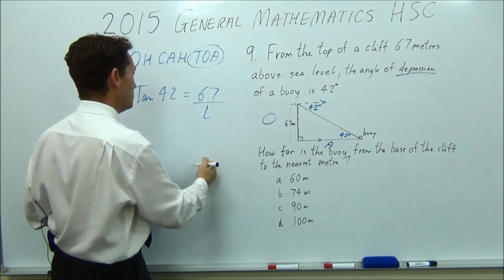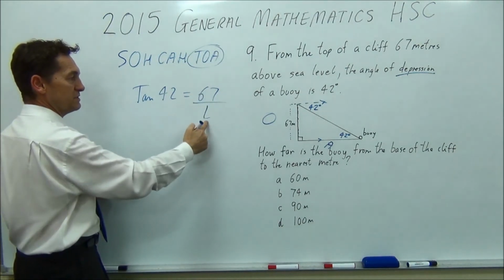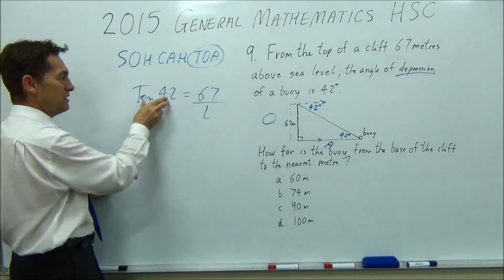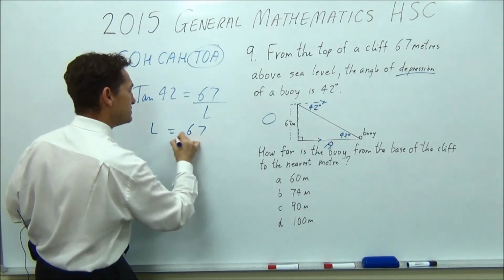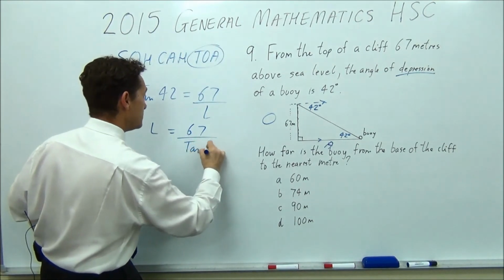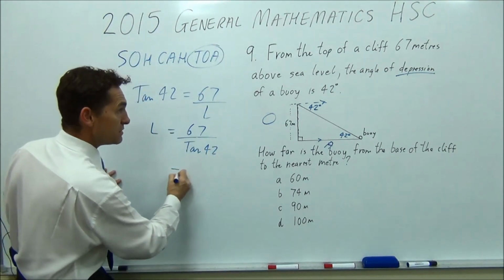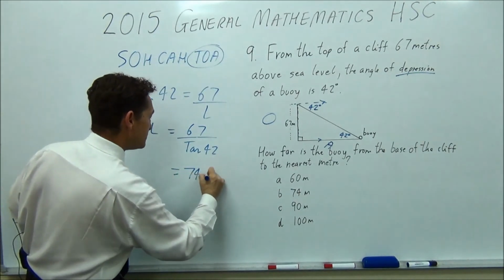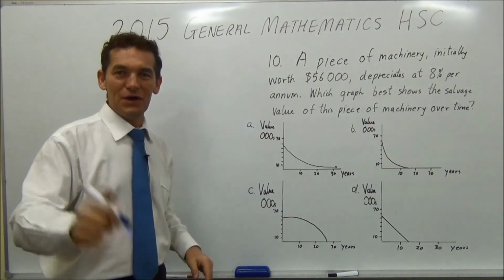So we'll just call it L. When you've got this on the bottom, you can switch these two because that's divided by, and you want to multiply to get it up here, and we want to divide by that. So L equals 67 divided by tan 42. Punch that in your calculator, and you get 74.4, which is B.